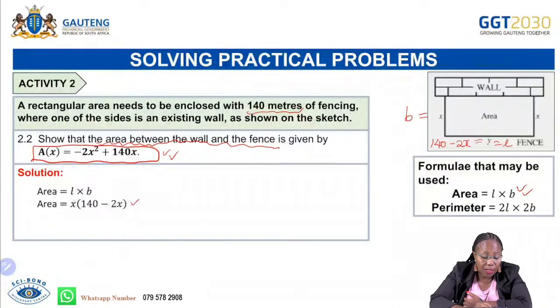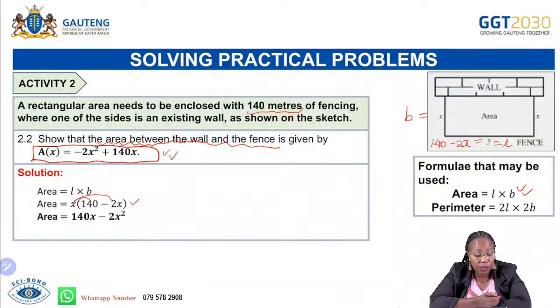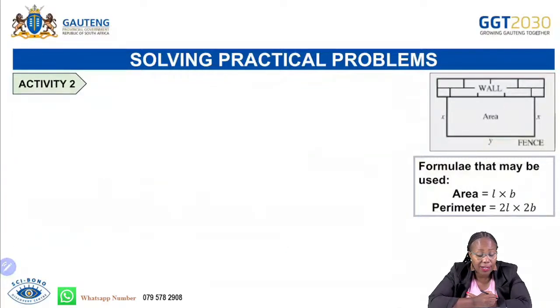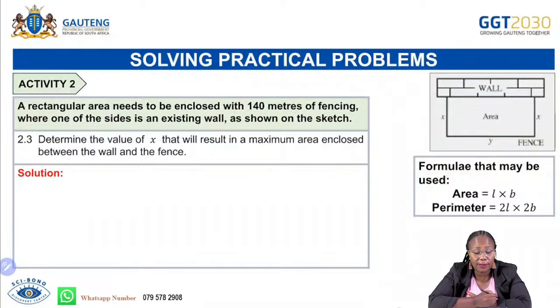And then we are going to multiply x in there. So x times 140 will be 140x, and x times minus 2 will be minus 2x squared. So that is the area in terms of x. Can you see that we have 140x there and the minus 2x squared there, great job. So that is the answer for that particular area, exactly the same as expected.